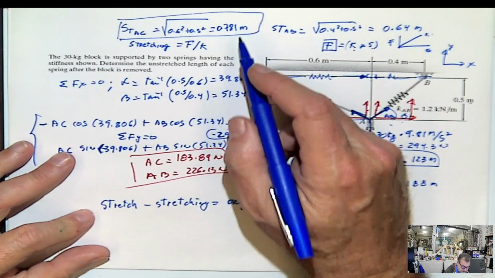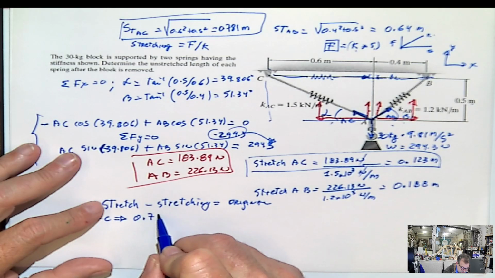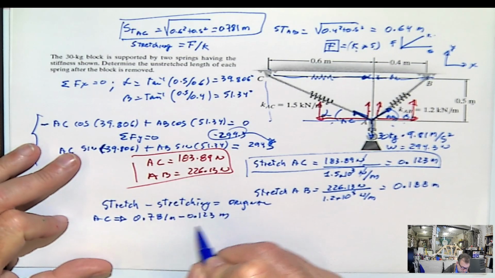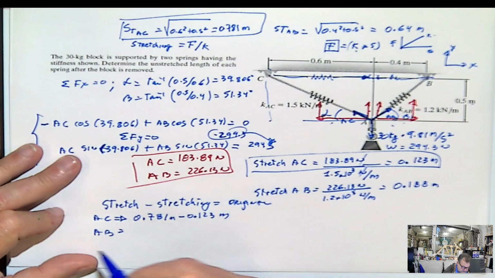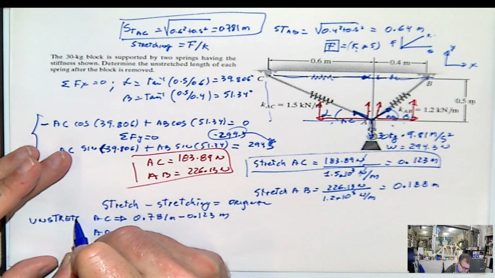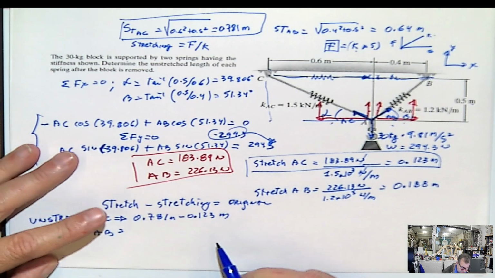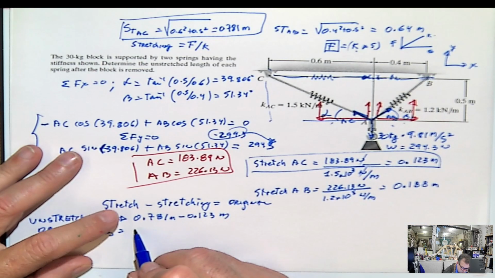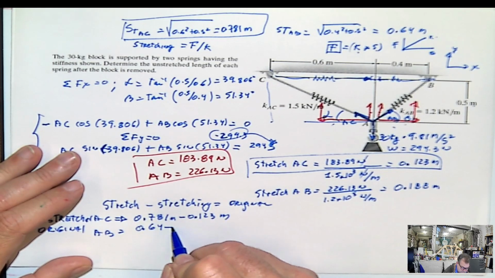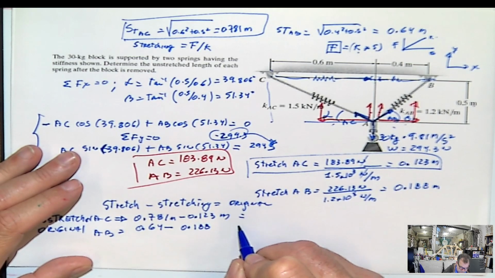So a stretched length for AC, then we have 0.781 meters minus 0.123 meters. And for AB, this is the unstretched or original length. That will be 0.64 minus 0.188, and the answer will be for both in meters.